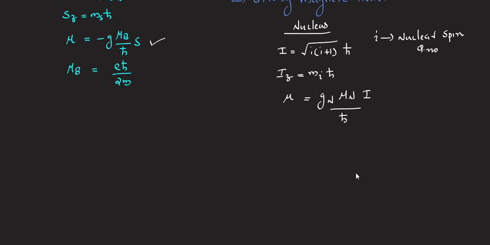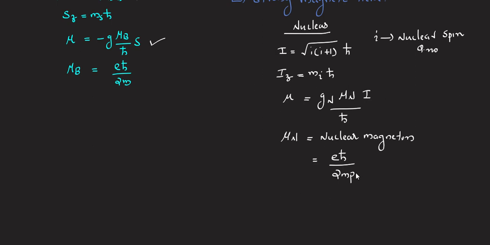It is gn, and instead of the Bohr magneton we have mu n, the nuclear magneton. The value is e h bar by 2 times the mass of the proton.